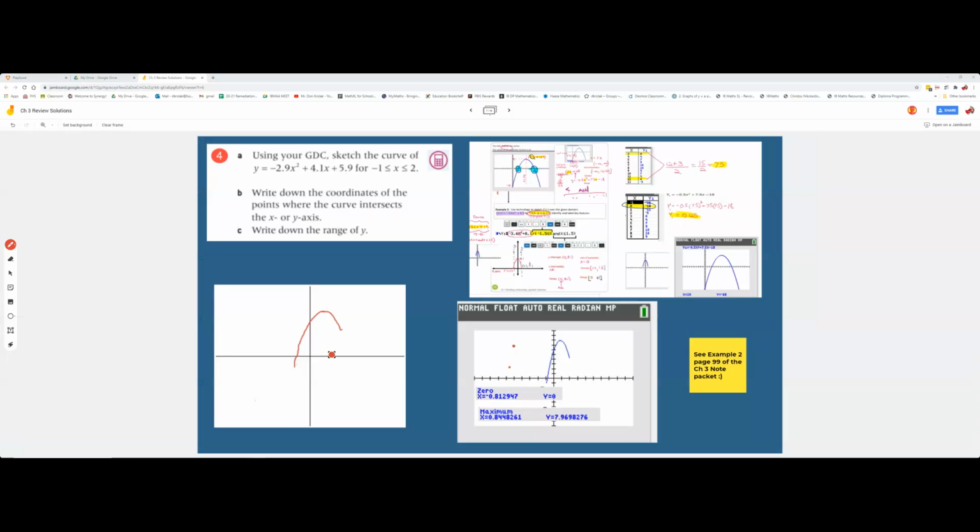Okay, and so now I just indicate the points that it asks for. It asks for the y-intercept, which we know is the constant. So here I would put 5.9. Okay, or I could list that as 0, 5.9.